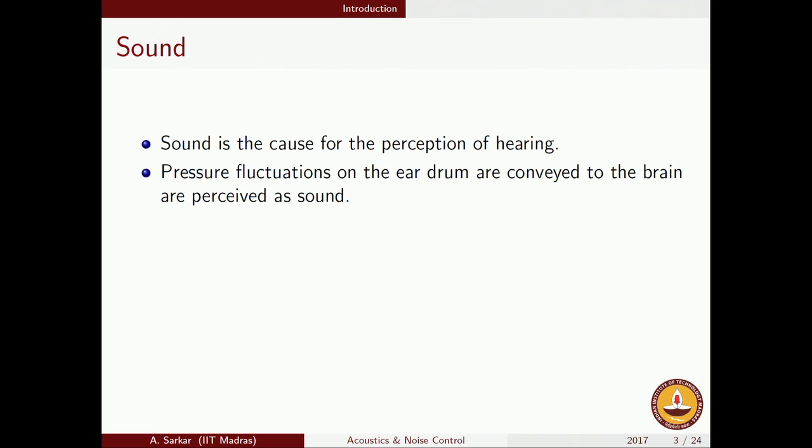Accordingly, we will have different topics to talk on, but the fundamental point I wanted to emphasize is that it is the pressure fluctuations acting on the eardrum which are the basic trigger for the perception of our sense of hearing.